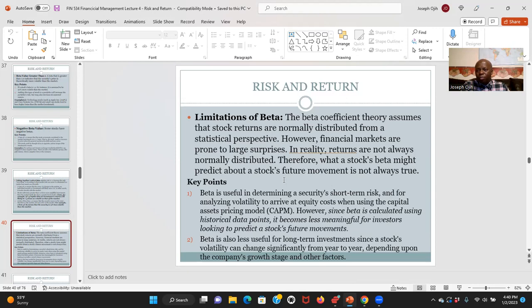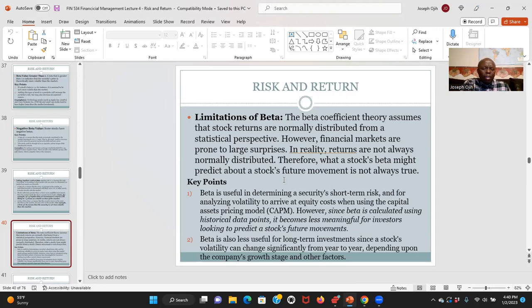So what does that tell us? That what beta might predict about a stock may not always come out to be true. Of course, it gives us a measure that is close to what the market will do, but it is not always the case, because returns are not always normally distributed.